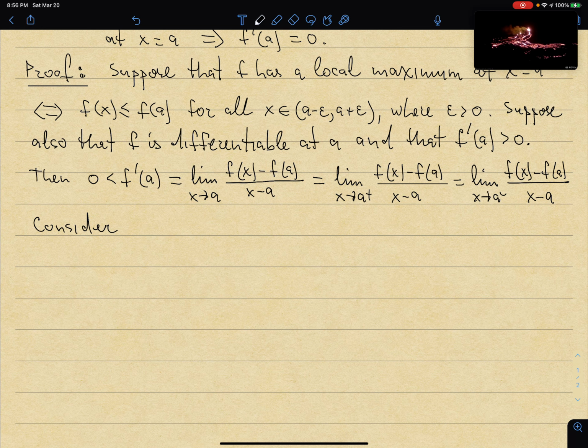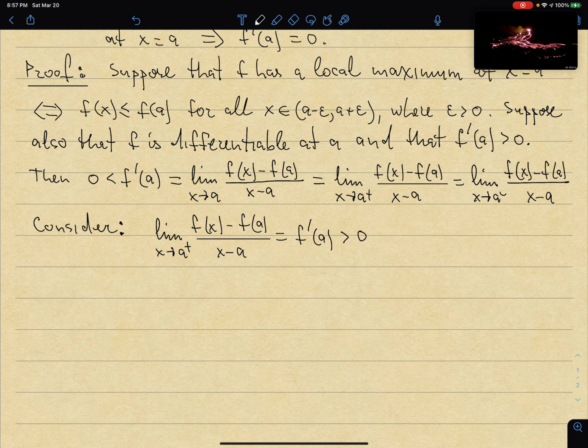I'm going to get the limit as x goes to a plus of f of x minus f of a over x minus a. This is f prime of a, and this is in turn greater than 0.